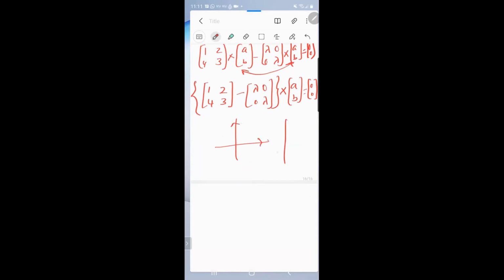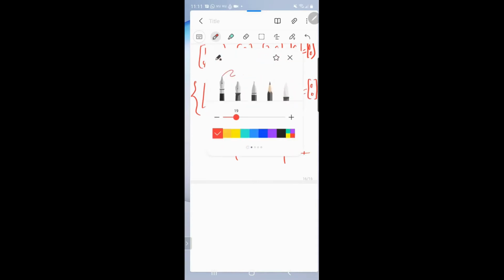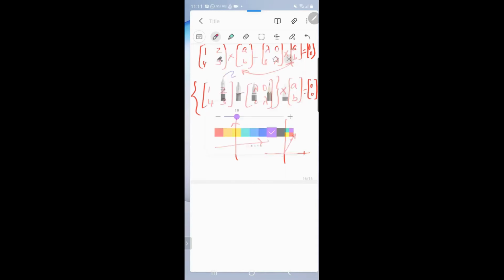This vector landed in this position and this vector landed in, let me draw in a different color so that it becomes clear.